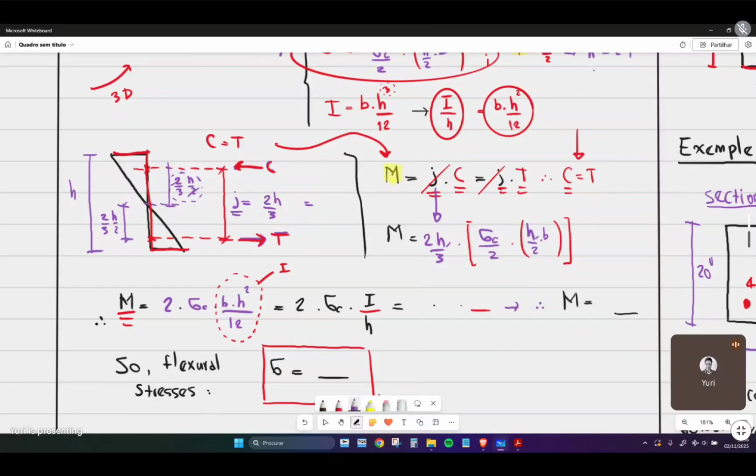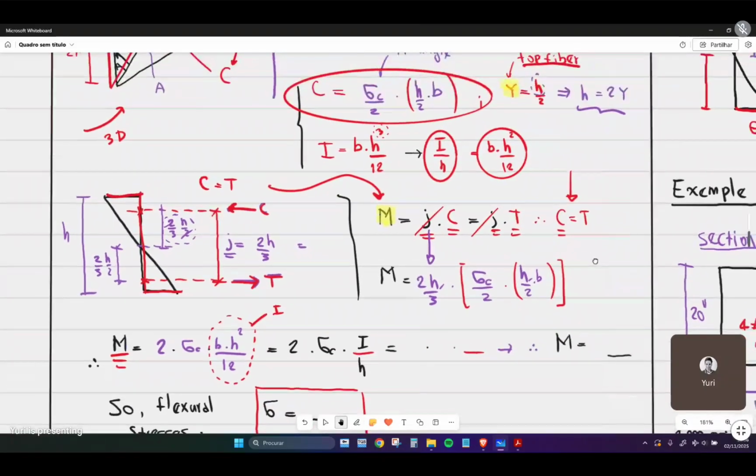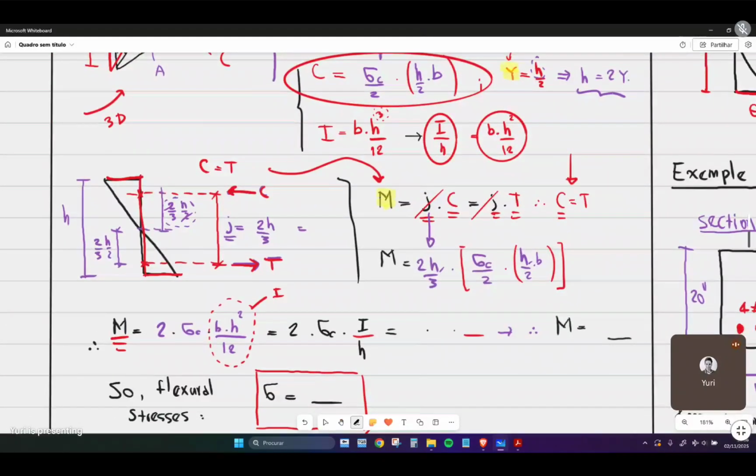And we also saw that the height of the section is 2 times the distance to the compressive strength, so this is equal to 2y. If we cancel this with this, what we have left is the compressive stress multiplied by inertia divided by y.